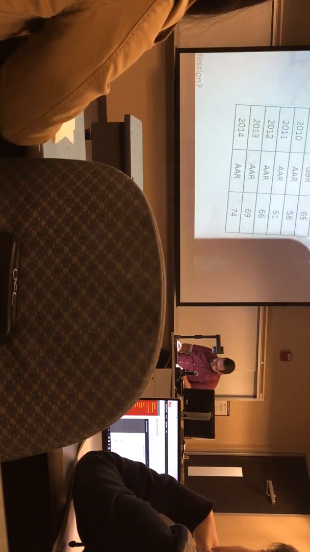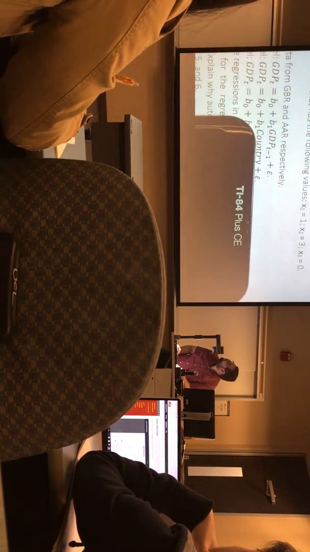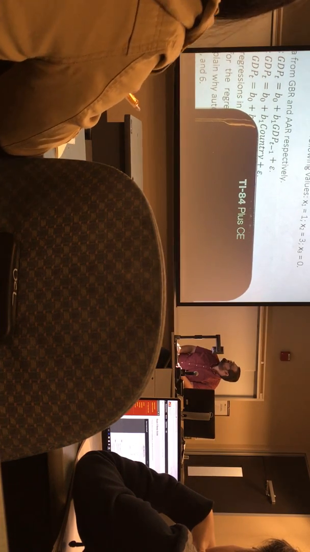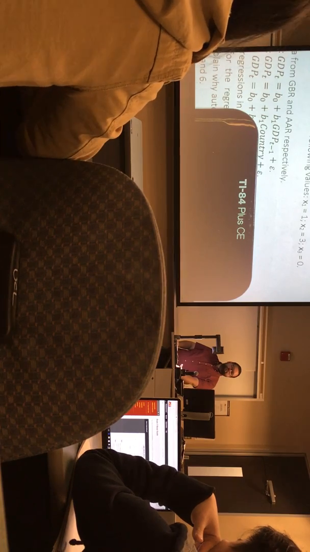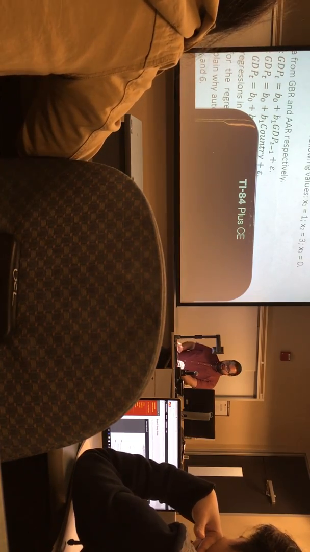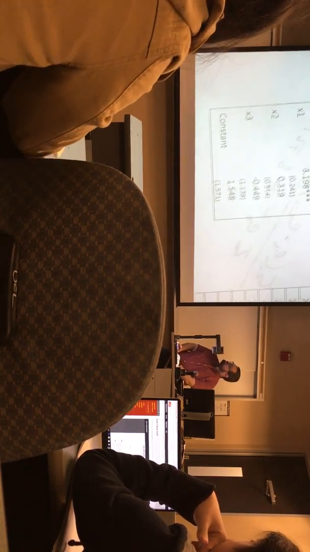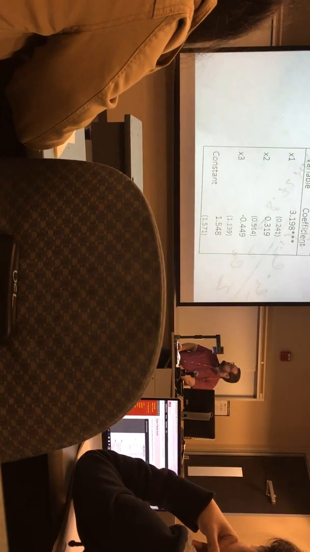Calculate the fitted value of y for an observation where x1 is 1, x2 is 3, and x3 is 0. How do I do that? This is again a logistic regression.